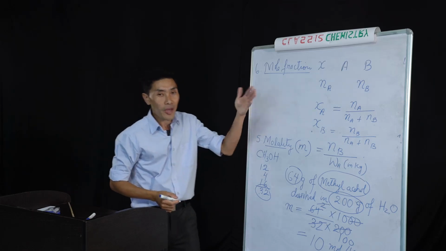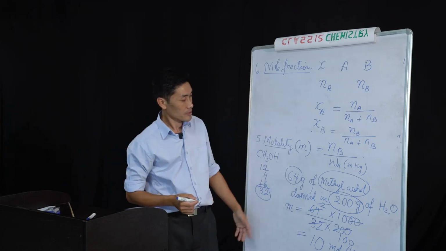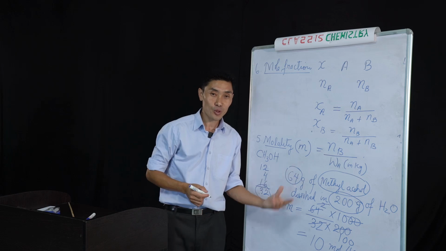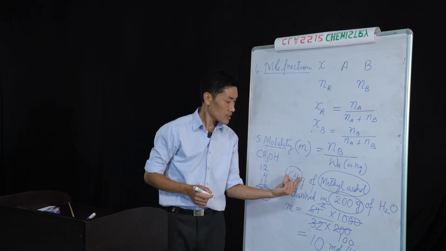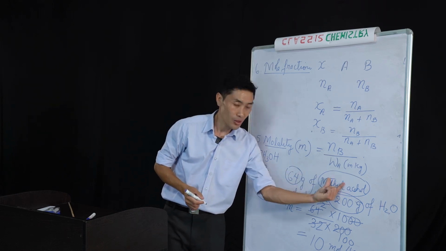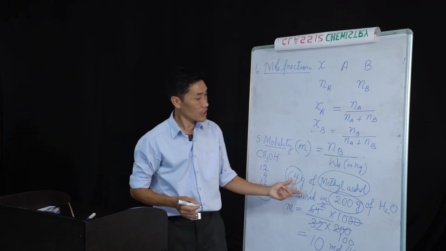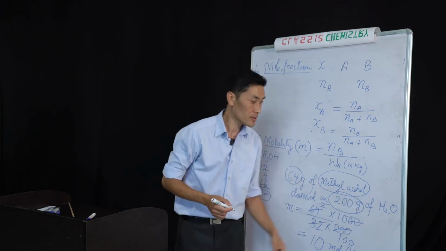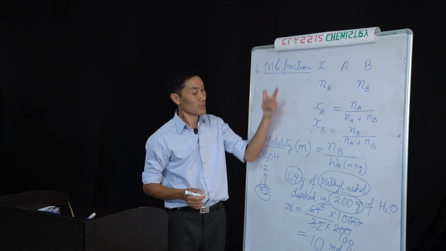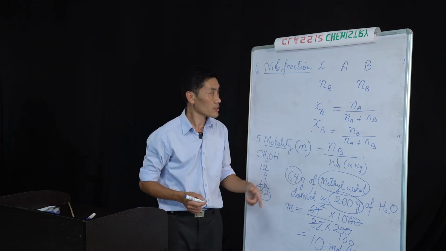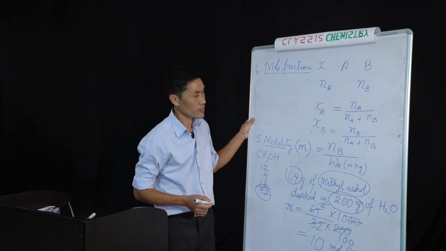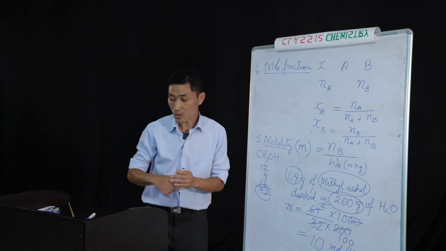So if we go back to the previous problem, the previous solution that we discussed, 64 grams of methyl alcohol dissolved in 200 grams of water, what will be the mole fraction of the components in such a solution? Let us try to calculate that.